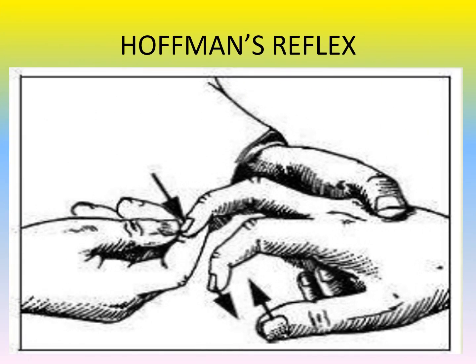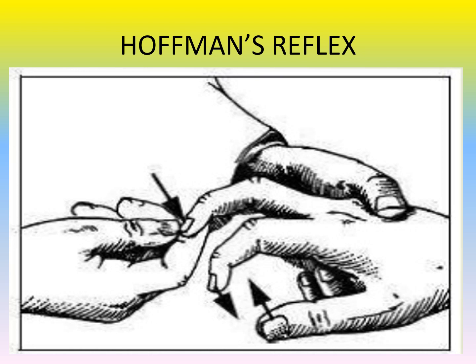Hoffman's reflex. First, we have to position the subject. Relaxed hand, ensuring dorsiflexion of the wrist and partial flexion of the fingers, and hold the subject's partially extended middle finger between your index and middle finger, ensuring you stabilize the proximal joint.